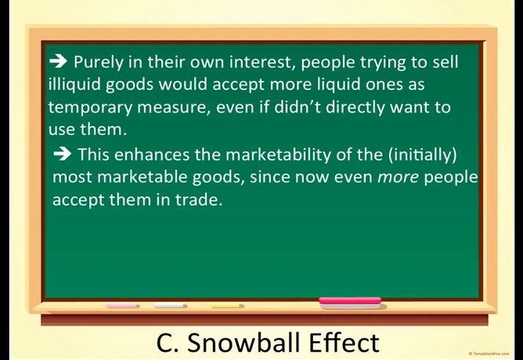And so see how the market for horses just went up by one person because of their initial advantage in liquidity. So that principle is showing the snowball effect, that things that originally started out more marketable than other things, that fact by itself made their marketability even higher. And so that process continues over time.